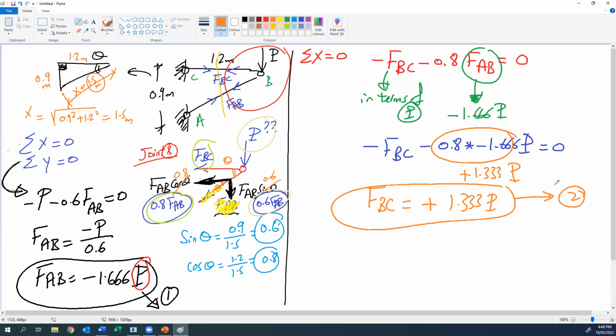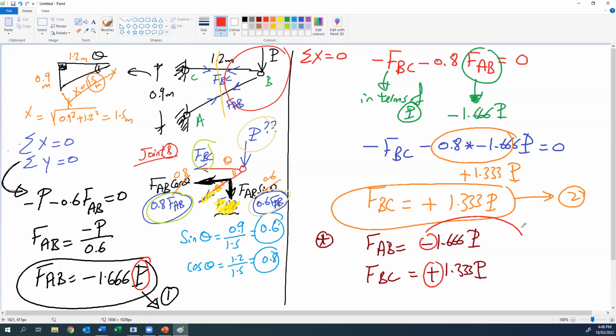So now, after this calculation, we have two equations and two pieces of information. FAB is equal to negative 1.666B and FBC is equal to positive 1.333B. Okay, what do those signs mean?